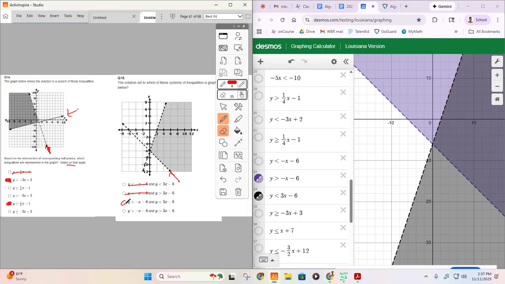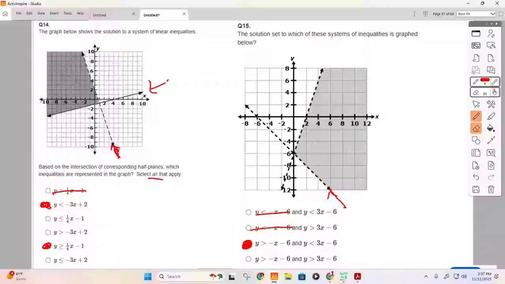So that one is gonna be correct. And if you need to, you could always try that last option and you'll see that it does not look like it. So it is option C for me, which is y is greater than negative x minus 6 and y is less than 3x minus 6. Good?